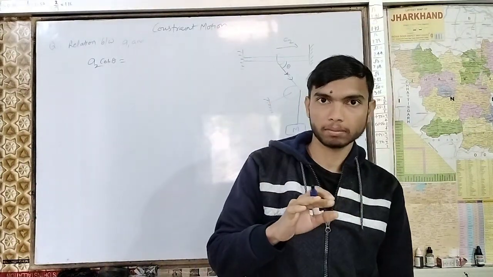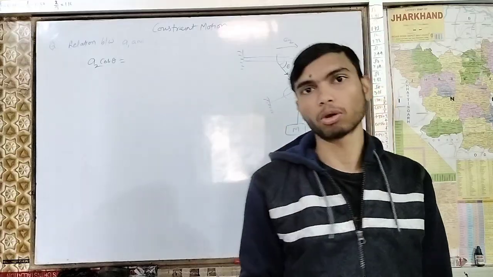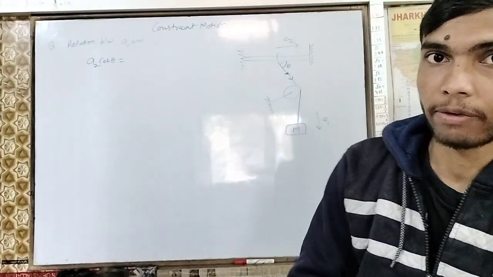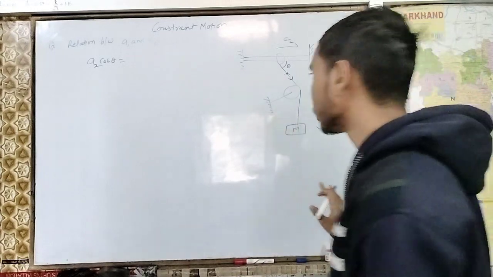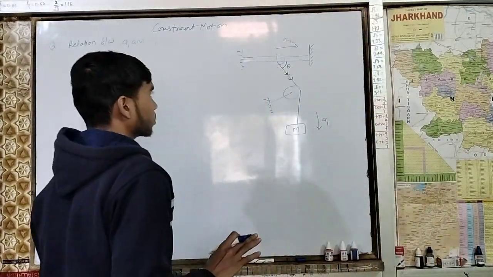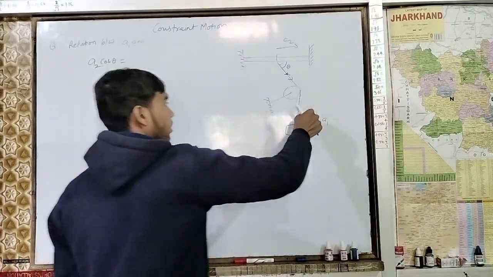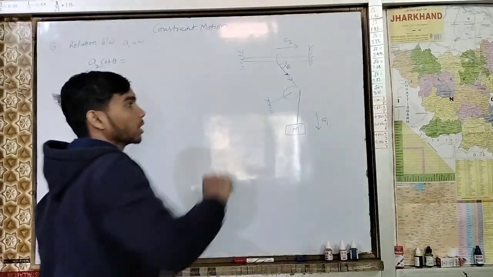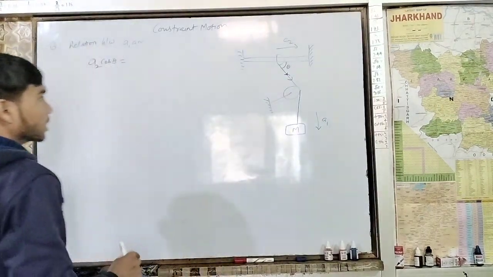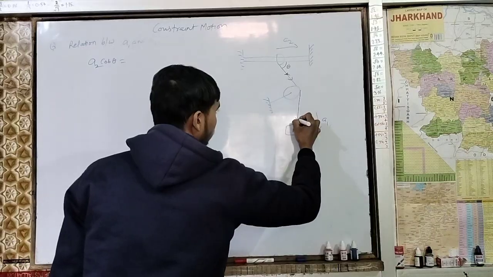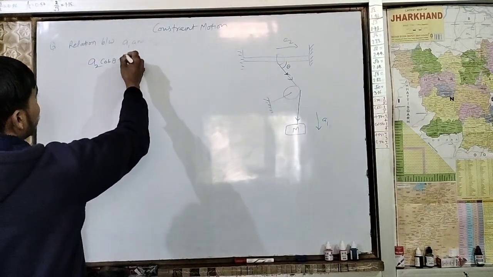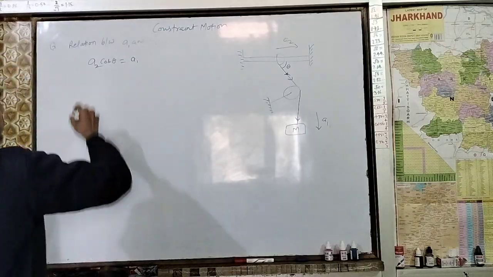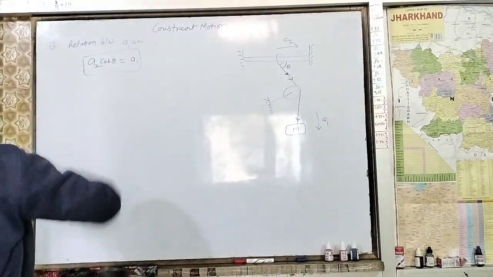So over here A1 will be equal to A2 cos theta, because at this point the acceleration is the same. This is our relation between A1 and A2.